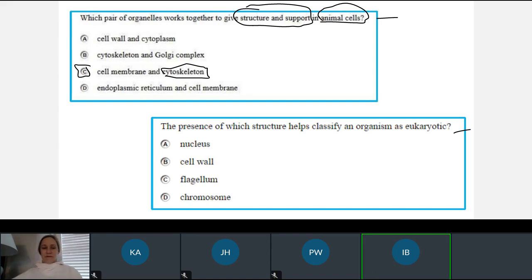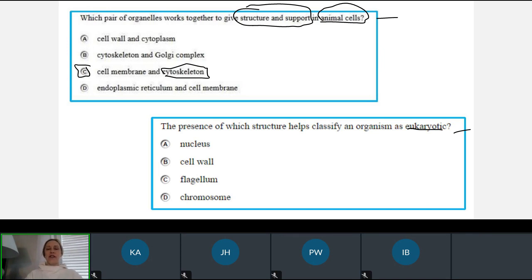The presence of which structure helps classify an organism as a eukaryotic? A. Nucleus. B. Flagellum. D. Chromosome. Good. What do you think, guys? Eukaryotic cell.